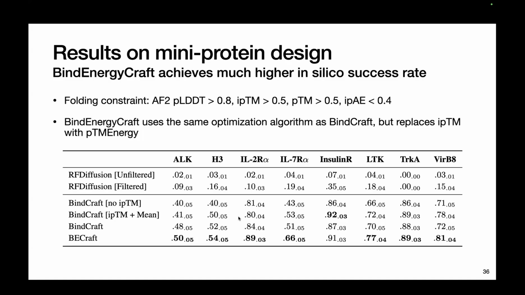You can see that with our BindEnergyCraft, you can get around a 5 to 10% improvement compared to BindCraft. And this is not only because PTM energy is smooth. We also tried a smooth version of IPTM with mean pooling instead of max pooling, which supposedly is smooth, but you can still see that our model, driven by this energy score, does better.